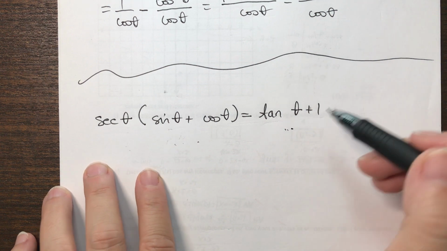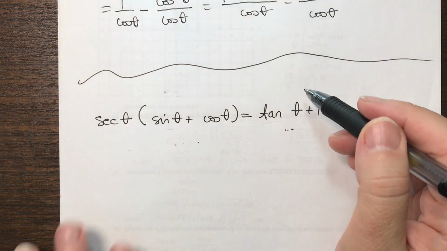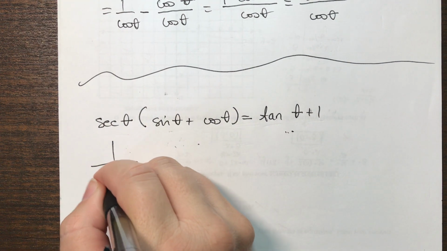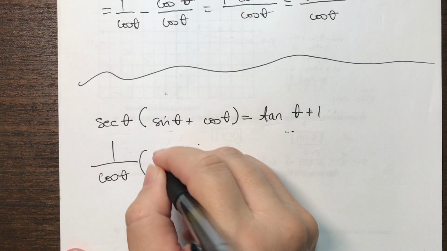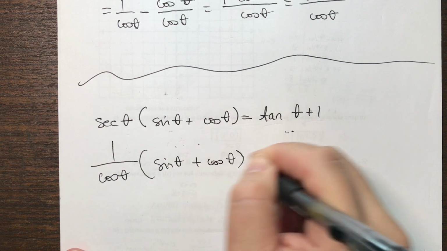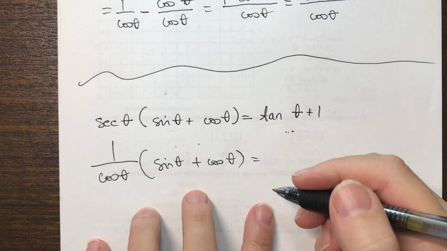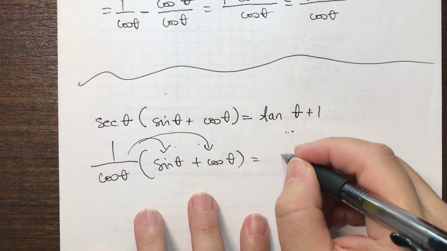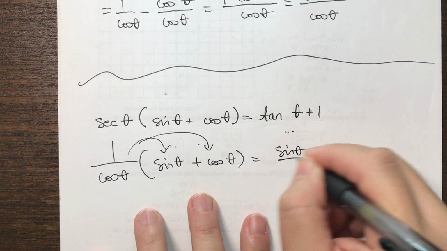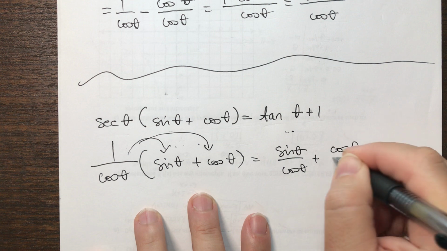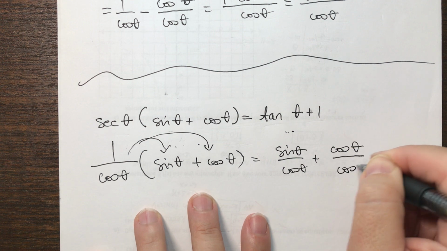Good. How do I do that? Again, try and start with the complicated, or uglier, side. So secant is 1 over cosine times sine theta plus cosine theta. Remember, you just want to turn everything to sines and cosines. Okay, and I'm going to distribute this. So what do I get? Well, sine theta over cosine theta plus cosine theta over cosine theta.